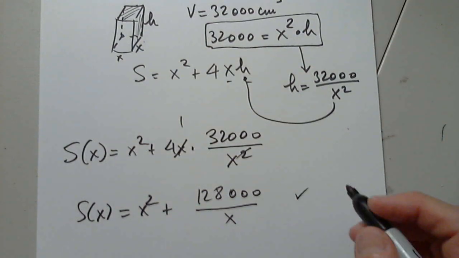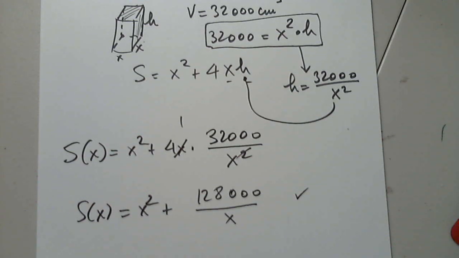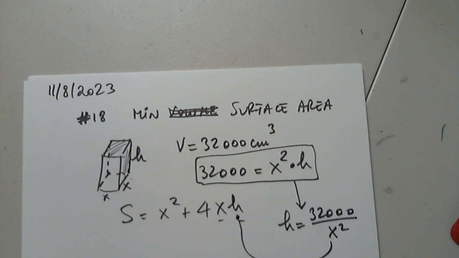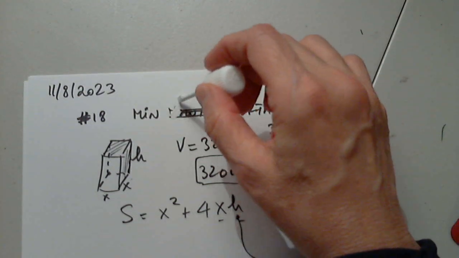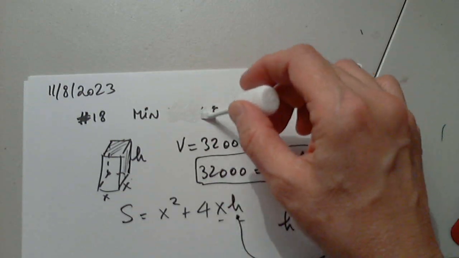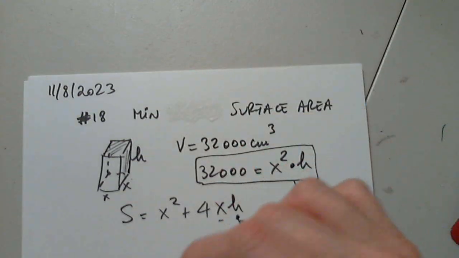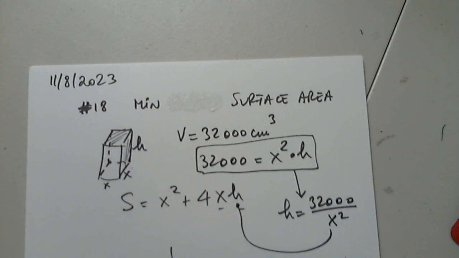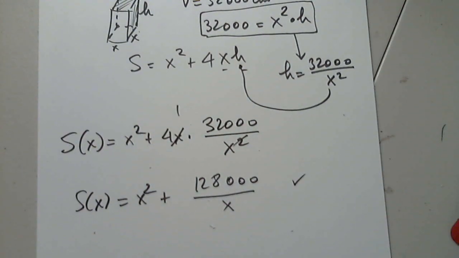In order to find its max, min, whatever, what do I need to determine next? What is the procedure in finding max, min of a function? I have the function. What do I do next?